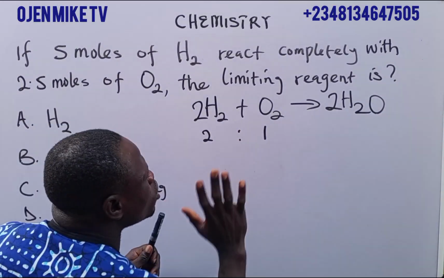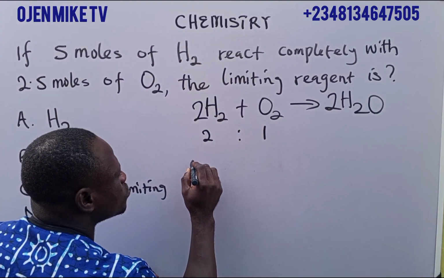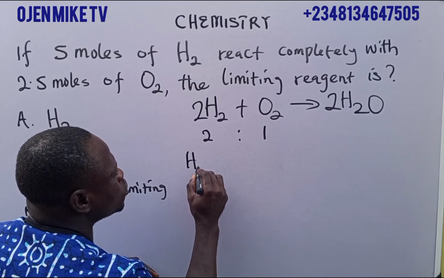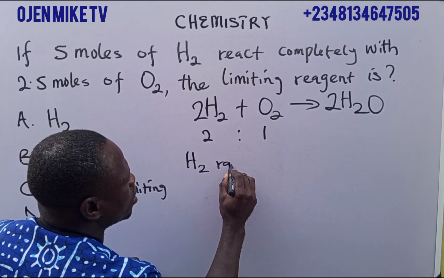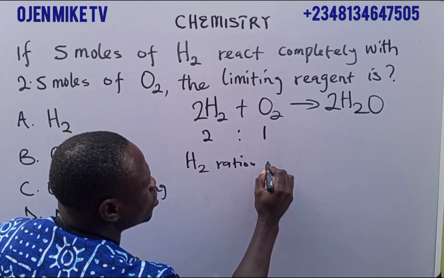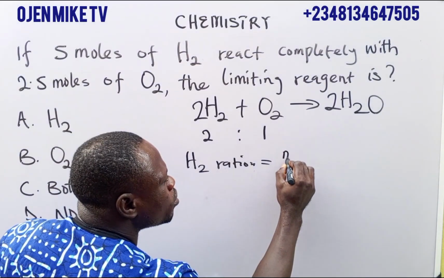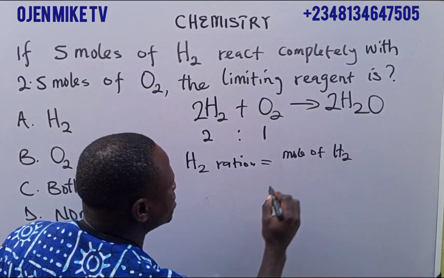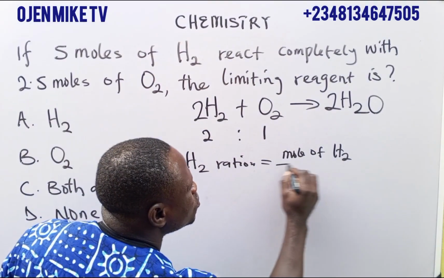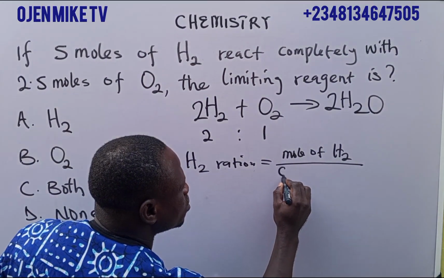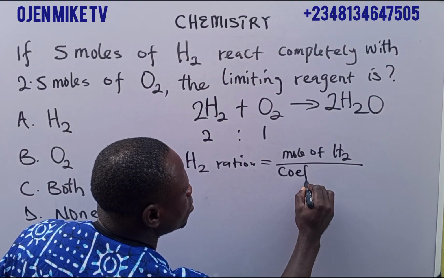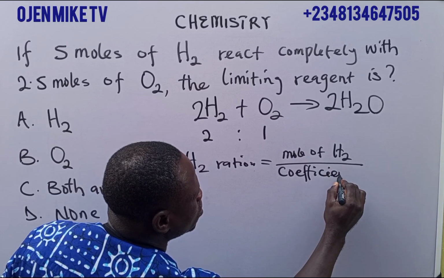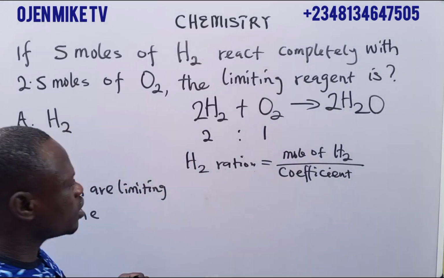So what you simply do is you say hydrogen ratio is equals to the mole of hydrogen gas. Are you following? You divide it by the coefficient.